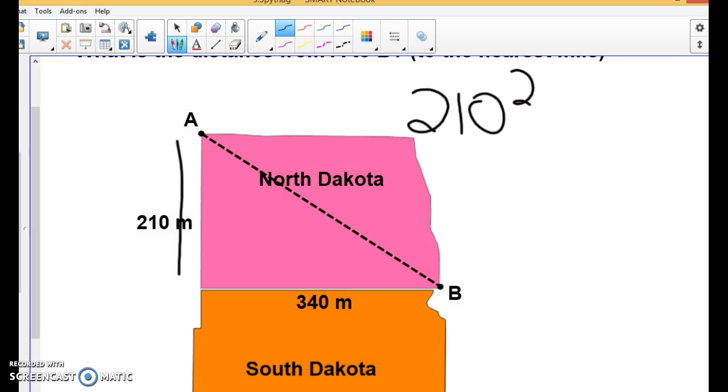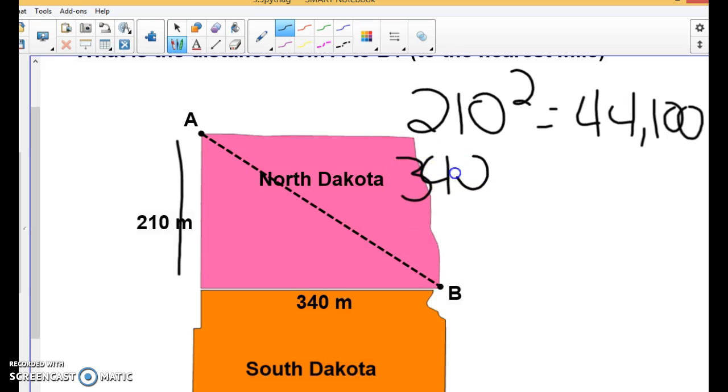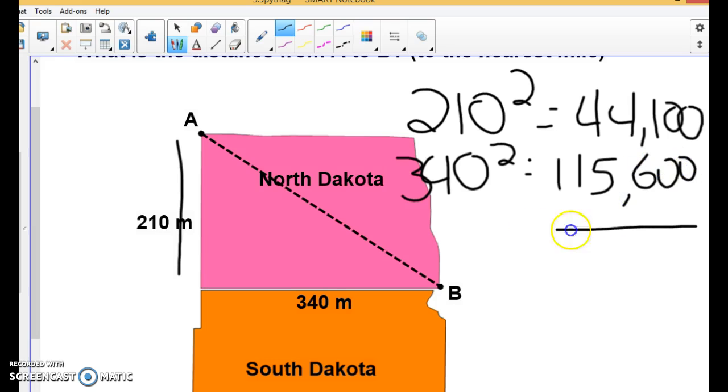and 210 squared is 44,100. Then going across the bottom to the other side, 340 squared is 115,600.